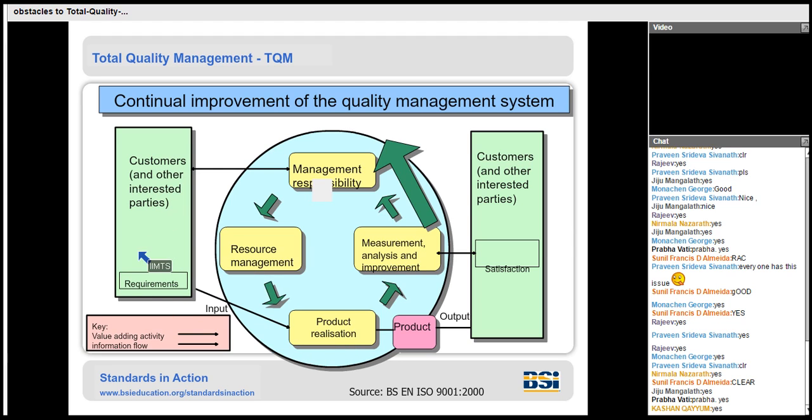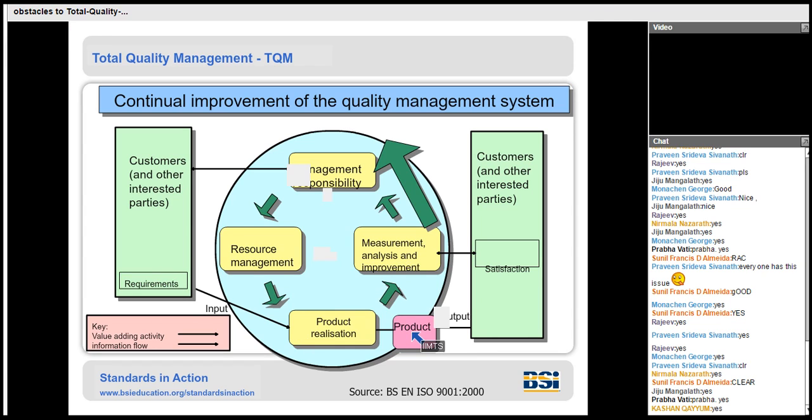Once the requirement is given by the customers to the company, the product realization team, then all the documents and managing part, resource part, measurement part, improvement part and development part is carried out by the company.